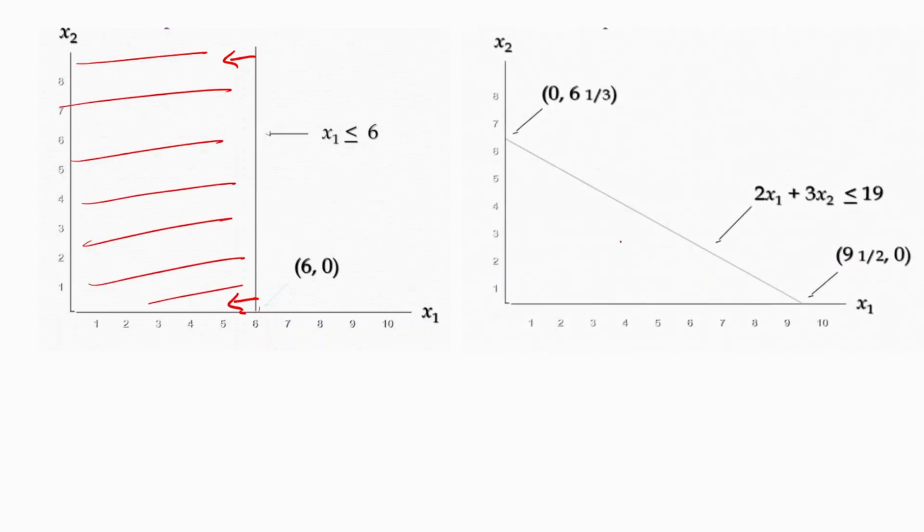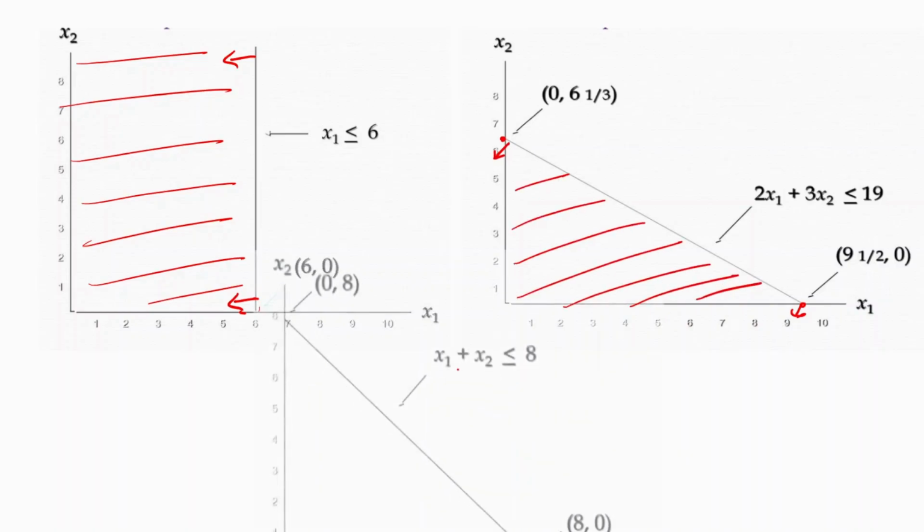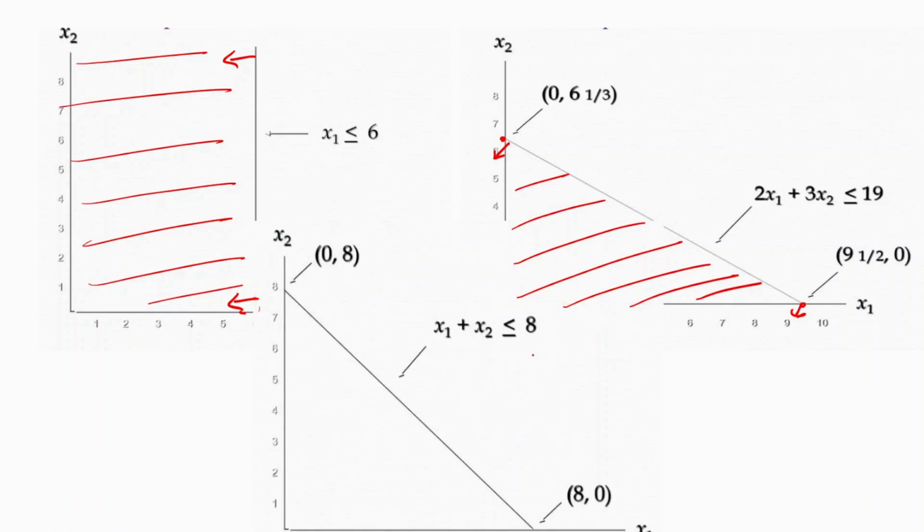So next is 2x1 plus 3x2 less than equals to 19. So you can calculate the 2 points like I have told you before, and less than equal to this. So this is the shaded region. Now x1 plus x2 less than equals to 8, again these are the 2 points through which we can draw this line, and this is the shaded region. Now all these 3 lines I have just shown separately.